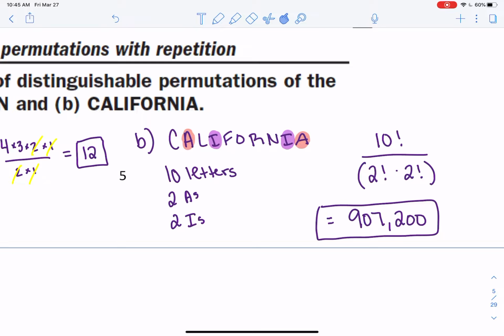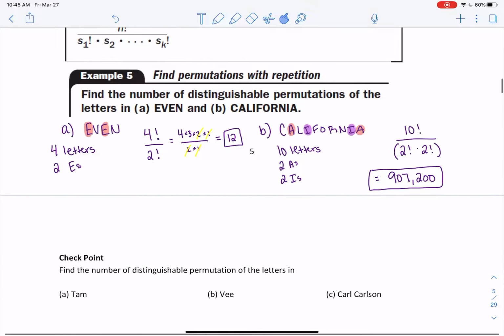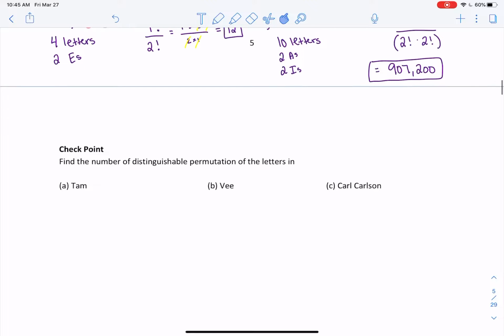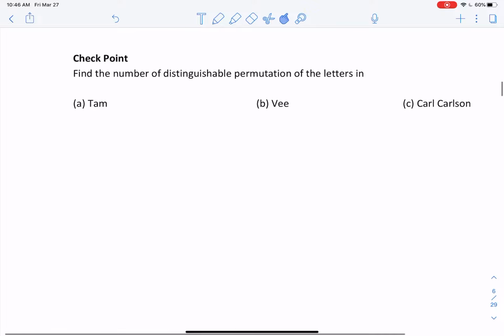Okay, so let's just look at a couple more here. This is a checkpoint. If you want to pause the video and see if you can do this, go ahead. Otherwise, we can look at it together really quick. So it says find the number of distinguishable permutations of the letters in. So let's look at TAM first. So notice there are 3 letters and no repeats.